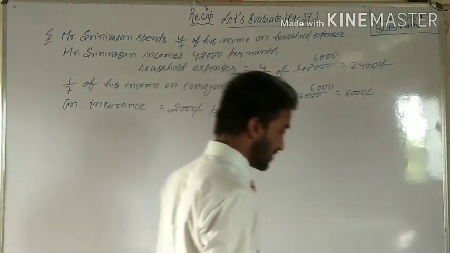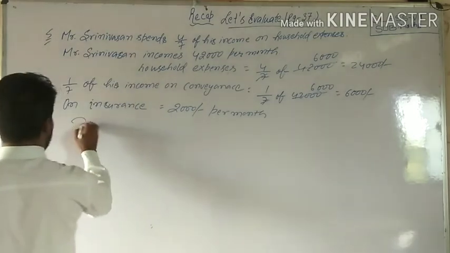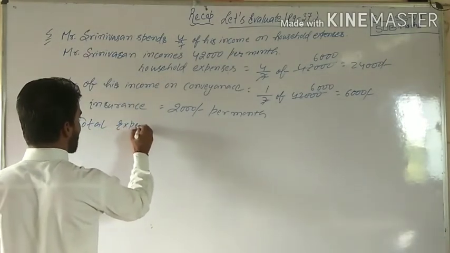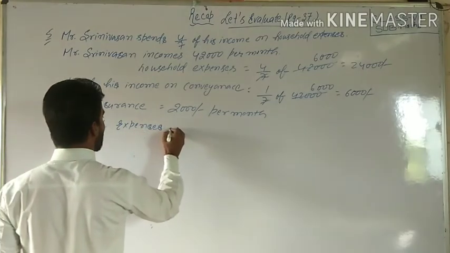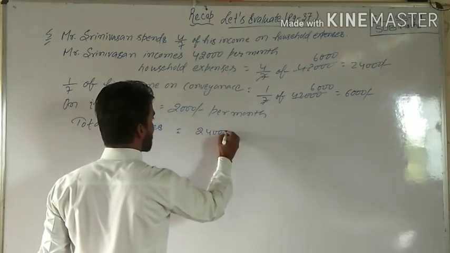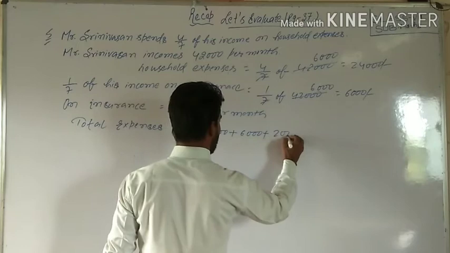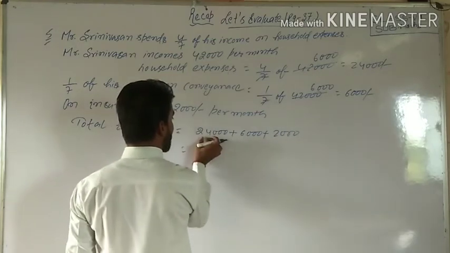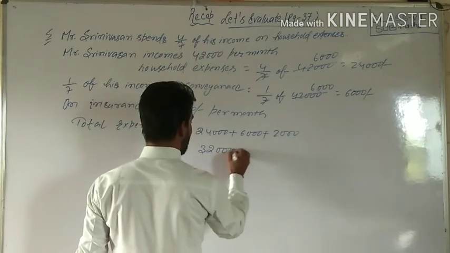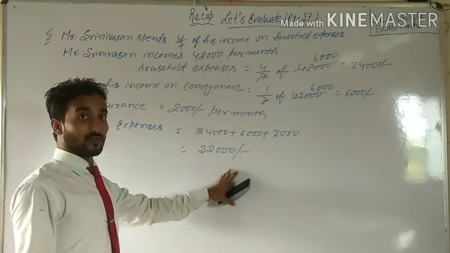So students, if I talk about his total expenses per month, what will happen? 24,000 plus 6,000 plus 2,000. 24 plus 6 is 30, and 30 plus 2 is 32,000. It means his expenses per month are 32,000.